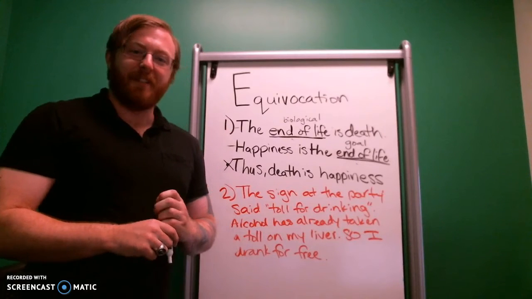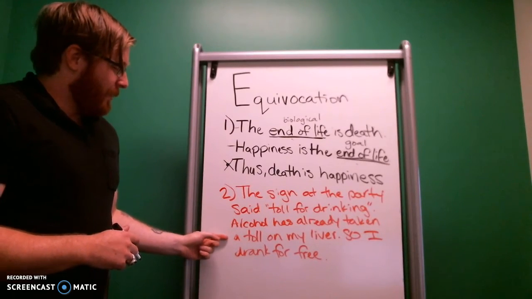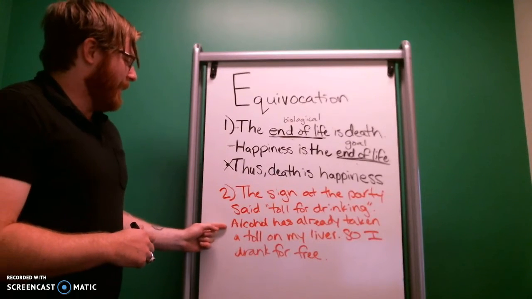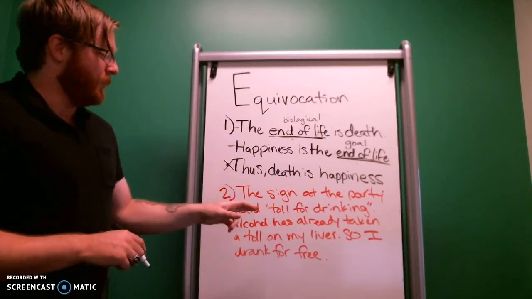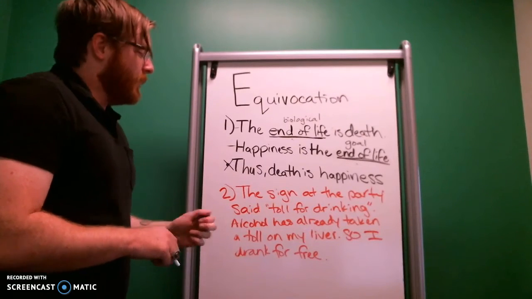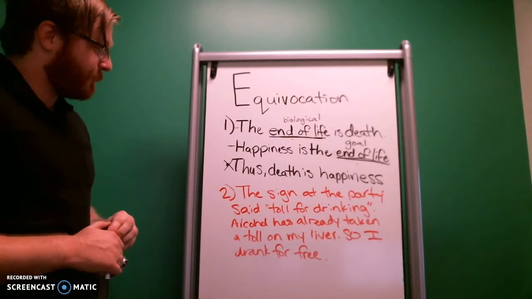You just stroll on in and start drinking for free. The party czar or the bouncer, whatever you have at your parties, right, isn't going to be very happy with you, right, trying to walk in and drink for free because you didn't actually pay the type of toll they're talking about. Right? So once again, you've played on an ambiguity in the word or phrasing.